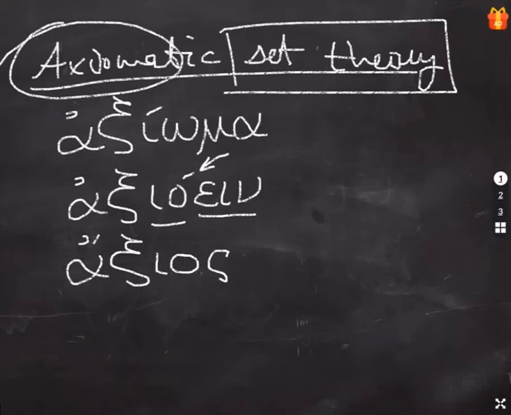I'm going to introduce a series of axioms, which is going to be actually a list of probably too many axioms. Why is that?